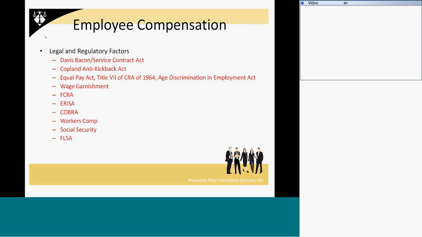ERISA stands for the Employee Retirement Income Security Act, a 1970s era law that deals with things like pension plans and other welfare benefits that employers may offer, and it requires that they be properly funded, to make sure that the money's there when people get eligible to retire.